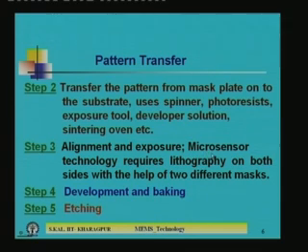In the case of microsensor or MEMS devices, we sometimes require lithography on both sides, the top side and the bottom side, because sometimes we want to etch certain windows with respect to some structure at the back, or on the other hand we want to open some windows at the back side of the wafer with respect to certain structure on the front side. So, this kind of alignment and lithography is not required in the case of VLSI fabrication, but in the case of microsensor fabrication we need this kind of double sided alignment technique.